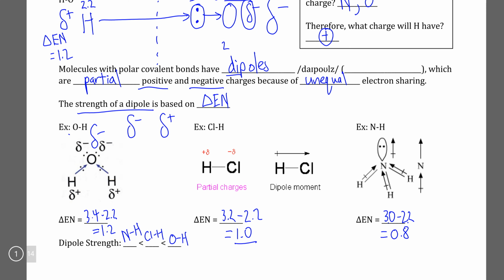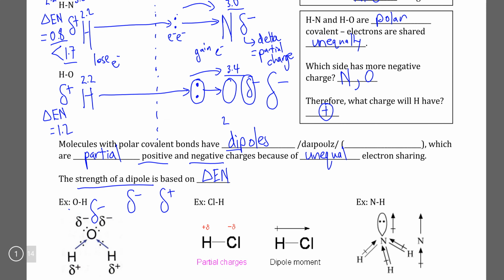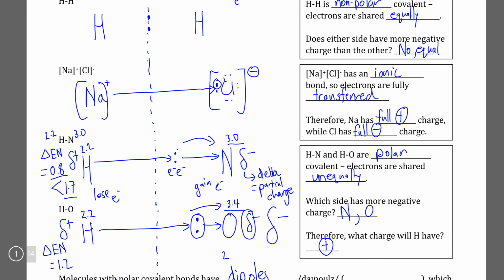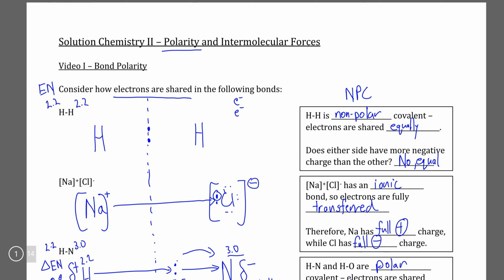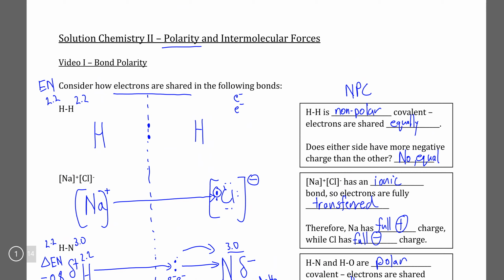In the next video in this series, we're going to take a look at how we can use the difference in electronegativity and understanding the difference between polar and nonpolar covalent bonds in order to look at whether an entire molecule has a dipole or not.